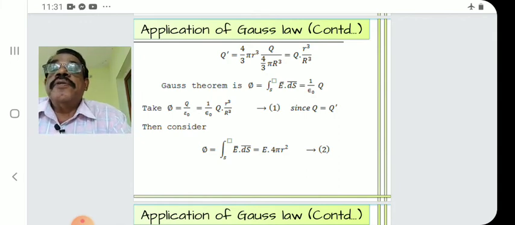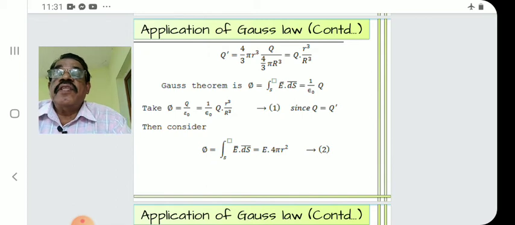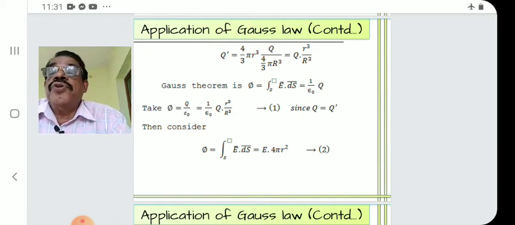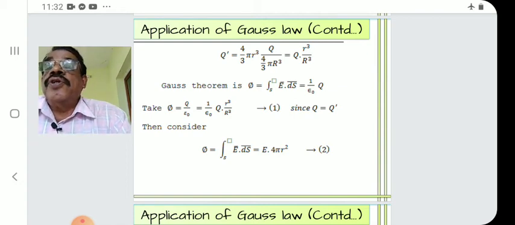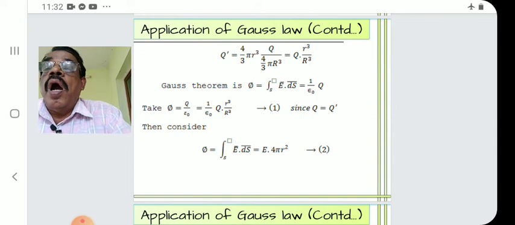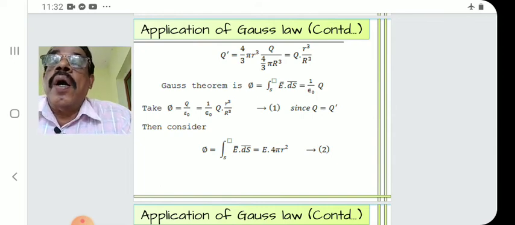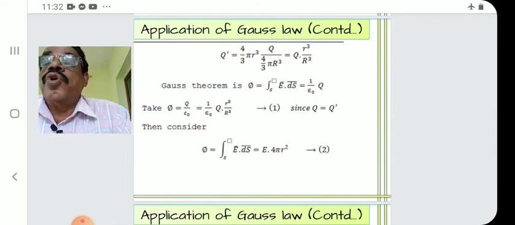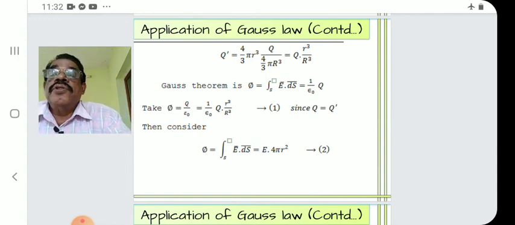Again, Gauss theorem is phi is equal to surface integral E dot ds equal to 1 by epsilon 0 q dash. We put the value of q dash here. Therefore, phi is equal to 1 by epsilon 0 q into r cubed by R cubed. Then consider the definition.